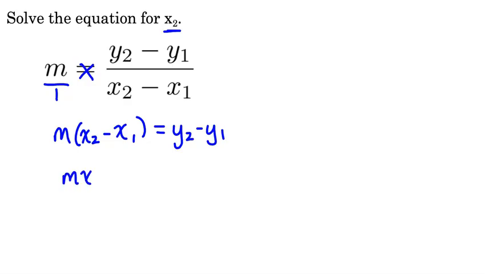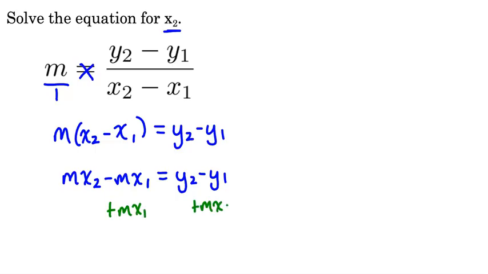So m times x sub 2 minus m times x sub 1 equals y sub 2 minus y sub 1. Then we are going to add m times x sub 1 to both sides of this equation. So m times x sub 2 equals y sub 2 minus y sub 1 plus m times x sub 1.